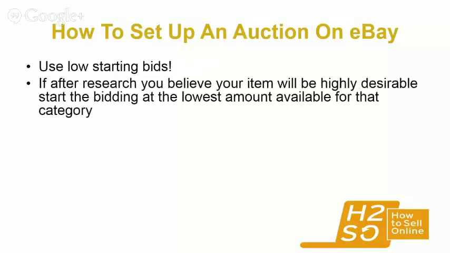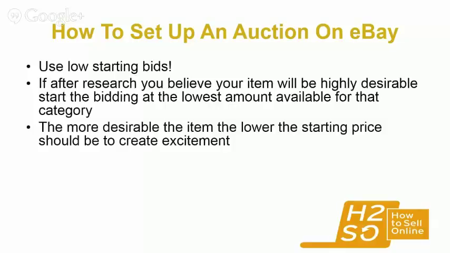So if you believe your item is highly desirable at the very beginning of the listing, and you have made sure you've got the right category, then get it on there at the lowest starting price.